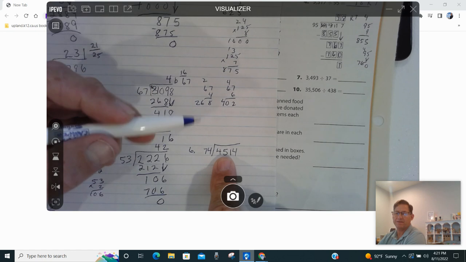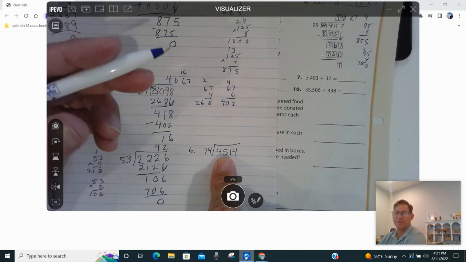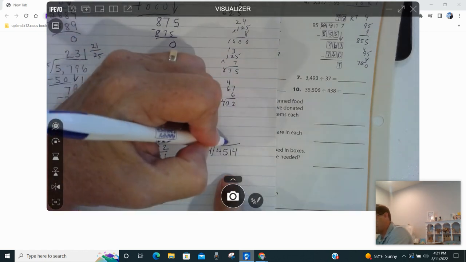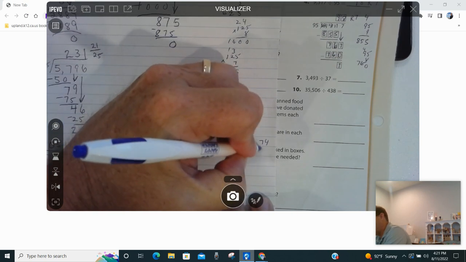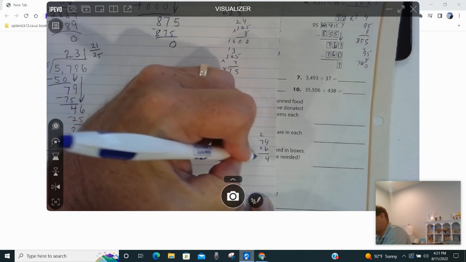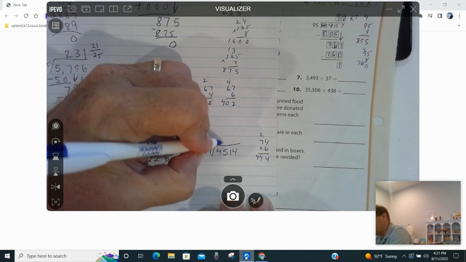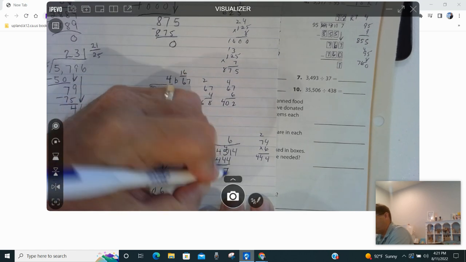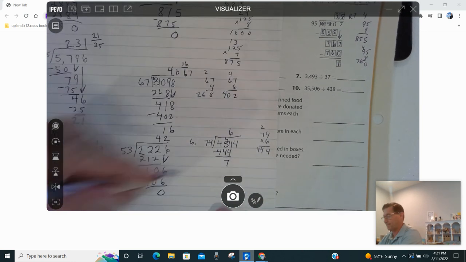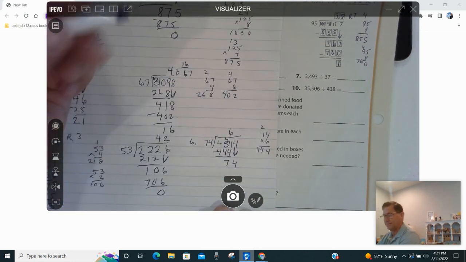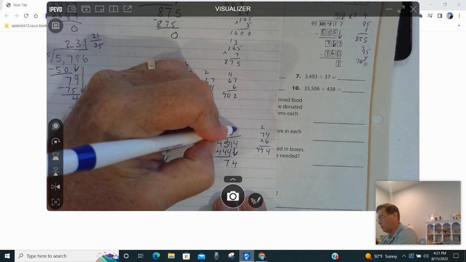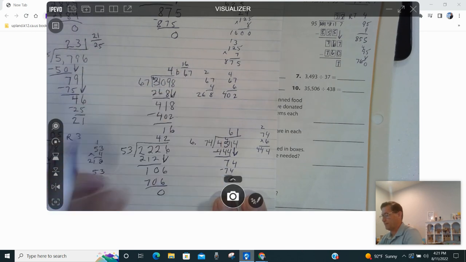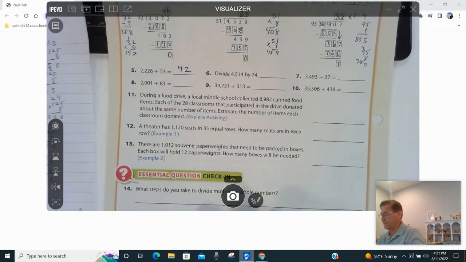Well, 7 times 70 would be 490, so that's probably going to be too big. Let's try 6. 74 times 6, 444. Yes, that'll work. We get a remainder of 7, and then bring down the 4 ones. Well, clearly, I can take 1 74 from 74. So number 6 is 61.